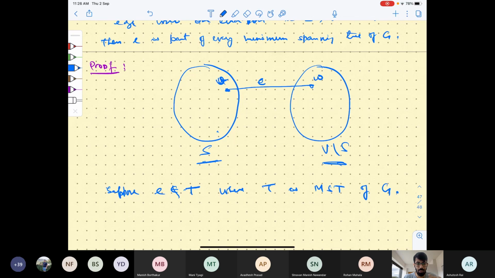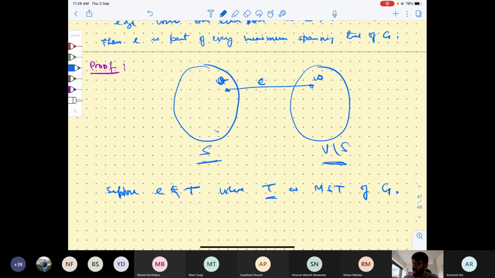So that means now, kind of what Sean was saying, that in T, there has to be some edge which goes from S to V minus S. And if that is not e, then there has to be something else, because otherwise the graph will not be connected, right?